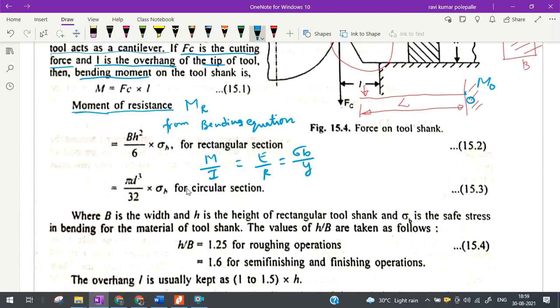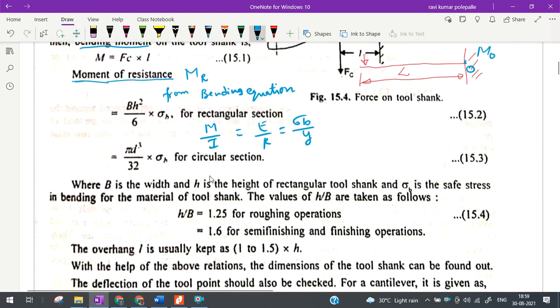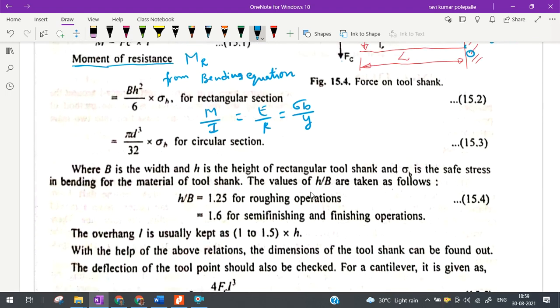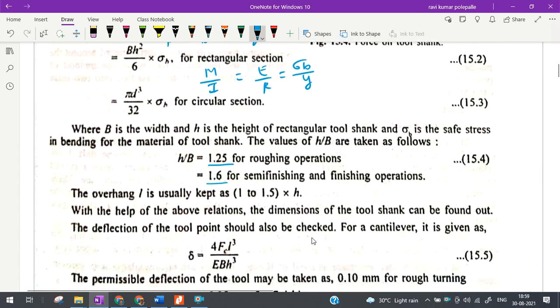So if it is a circular cross section, where we refer in case of boring tools, we get pi d cube by 32. Normally the value of H by B is preferred as 1.25 in case of roughing operations and 1.6 in case of semi-finishing and finishing operations.